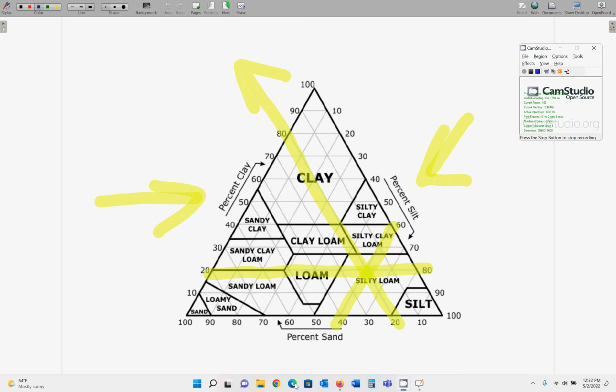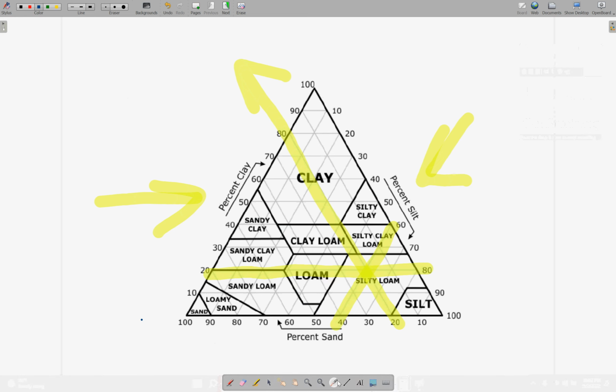All right, this is a soil texture triangle. We talked about this briefly before. What you're going to do is they're going to say it's 60% silt, 20% sand, and 20% clay.